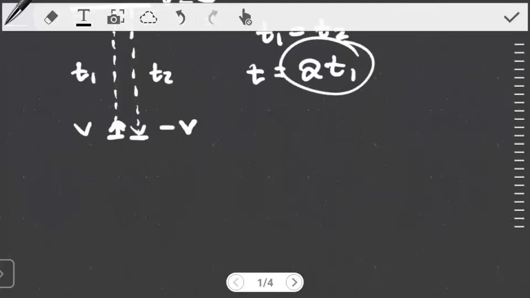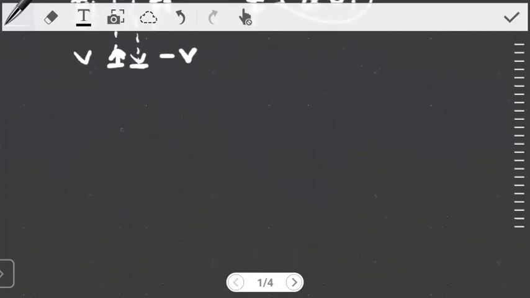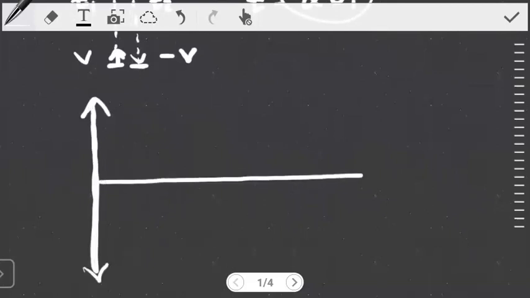Now, before we start looking at the question that I showed you guys, let's look at one important thing. This is a question that you expect to find in multiple choice questions. If I was to draw a velocity time graph for a freely falling object, what you expect to see is that for a free falling object, gravity is always constant.